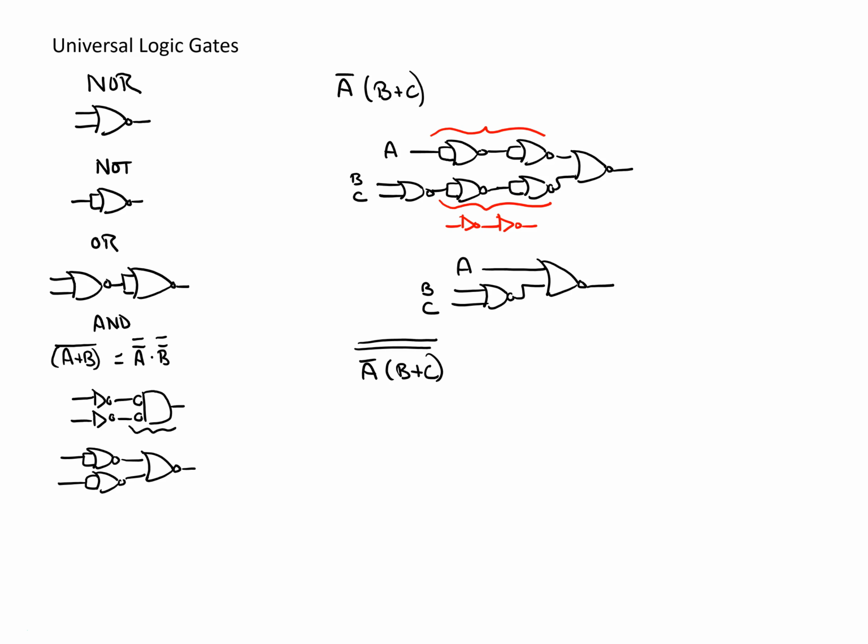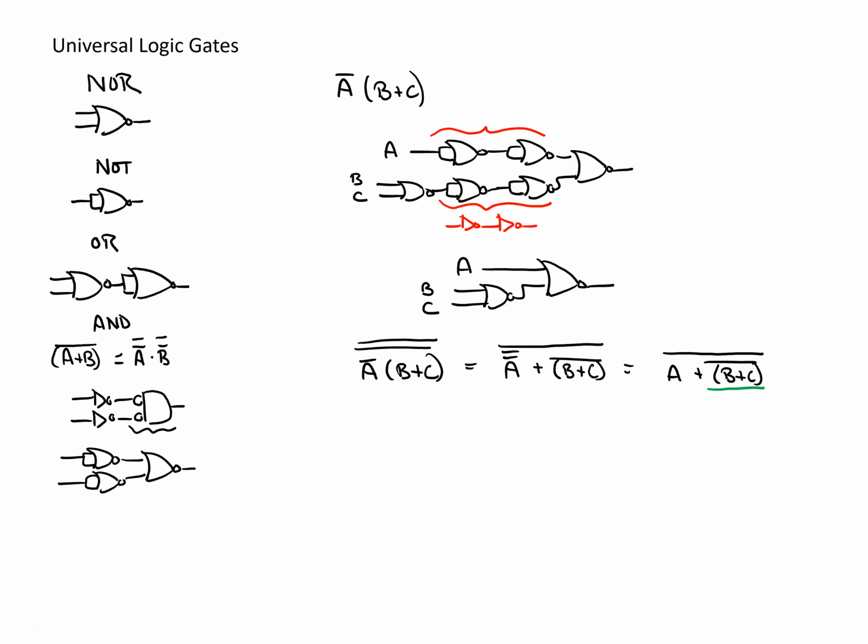And if we apply De Morgan's law once to this, we can see that we'd have NOT A ORed with NOT B or C, and this entire operation negated. And so within this, double negation of A is just A, and then we have B or C negated and the whole quantity negated. And if we look at this, we basically have two elements that are NOR operations.